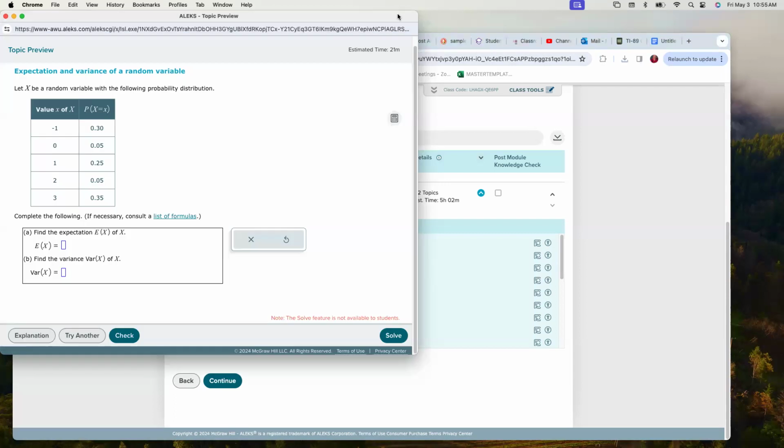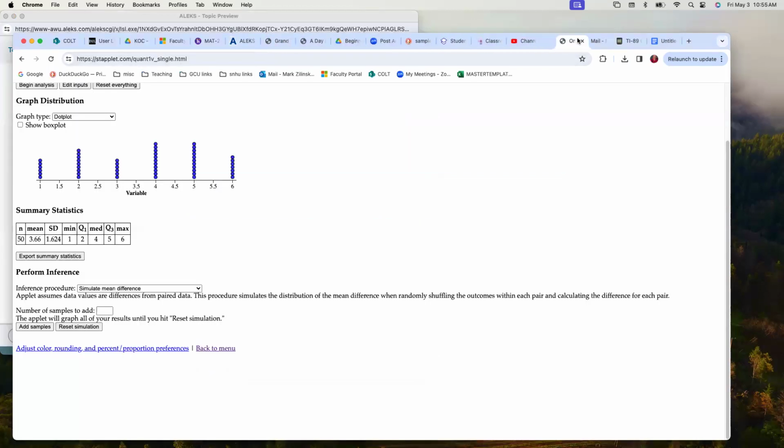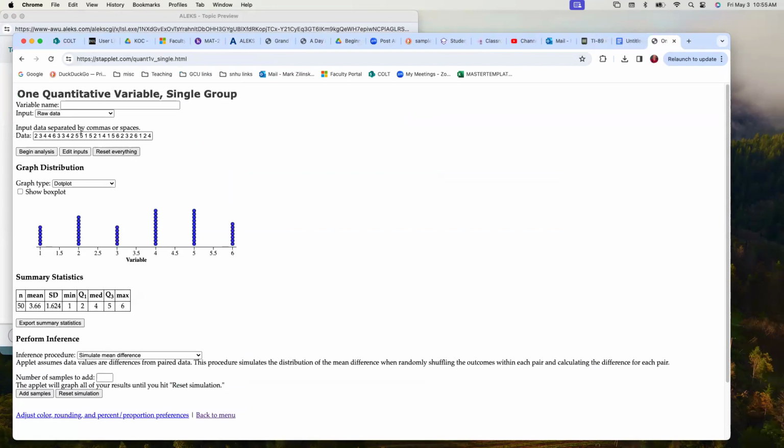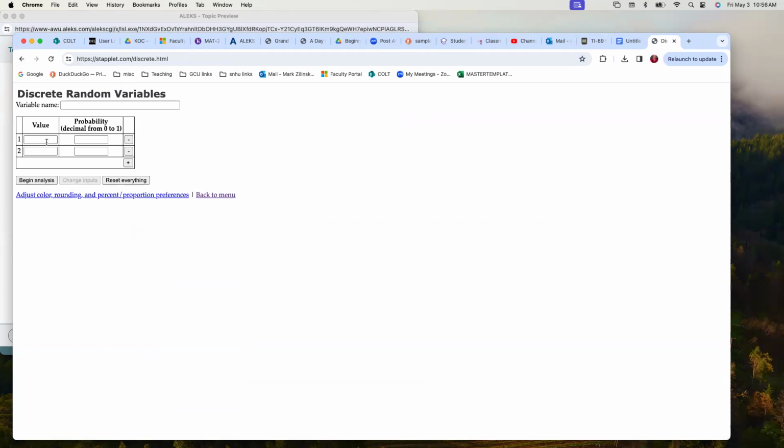So let's see, we're going to start from negative 1, 0, 1, 2, 3. That's pretty simple to remember. So let me come over to here just to get this over on the end. Okay, so if I go back over here, I take a look at discrete random variables, okay, in terms of probability.